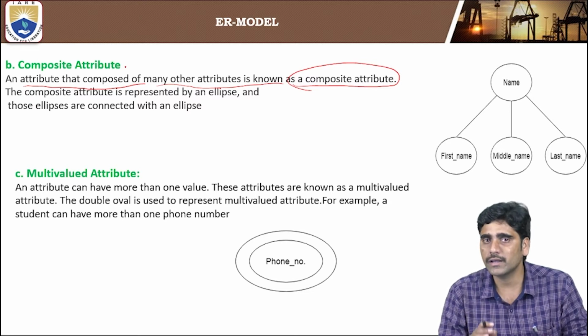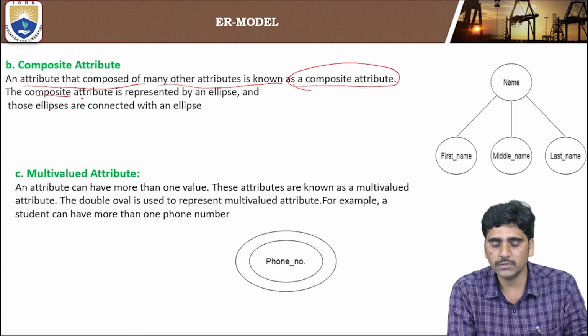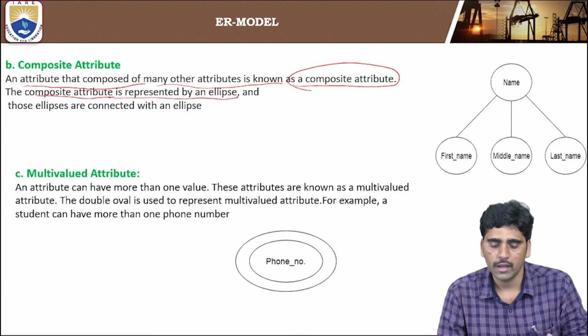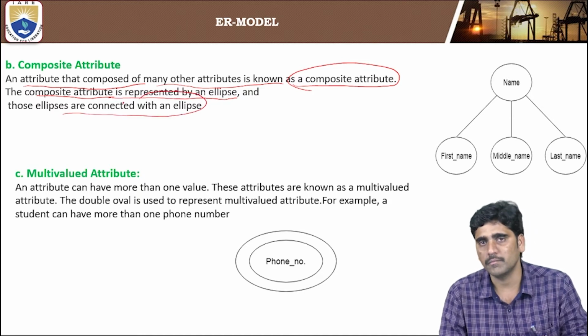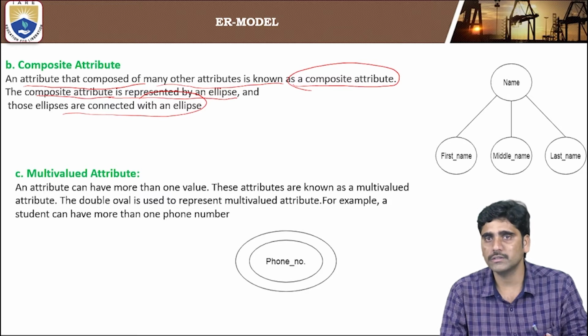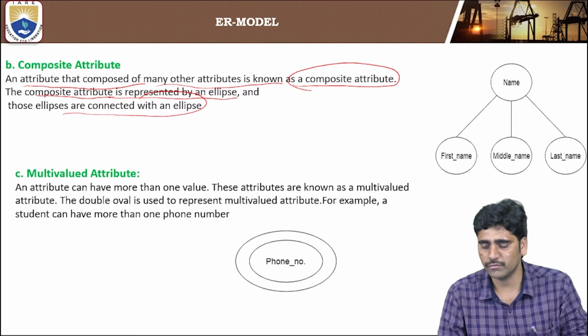One attribute can be composed in many ways. This composite attribute is represented by ellipses connected to the main attribute's ellipse. So a composite attribute generates attributes in different ways.